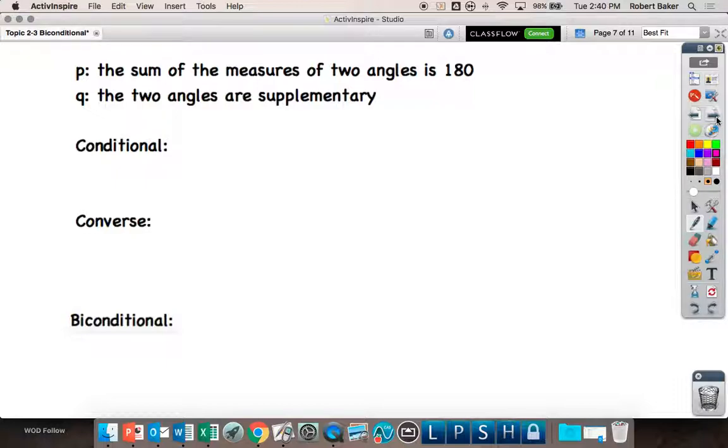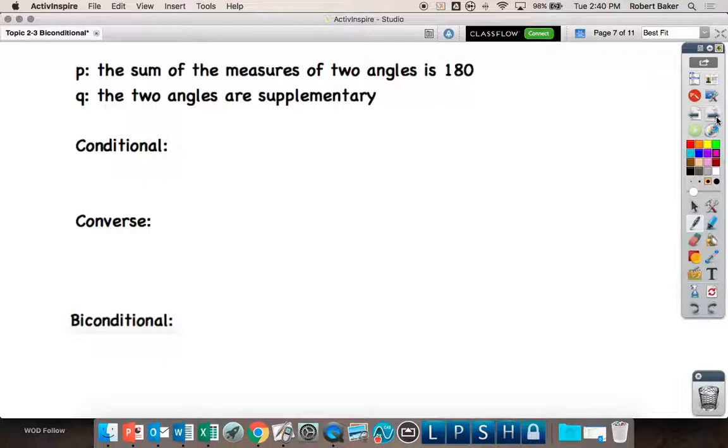We have two statements. The sum of the measures of two angles is 180, and the two angles are supplementary. I need to make that a conditional statement by adding the word if and then. So, what is the conditional statement?